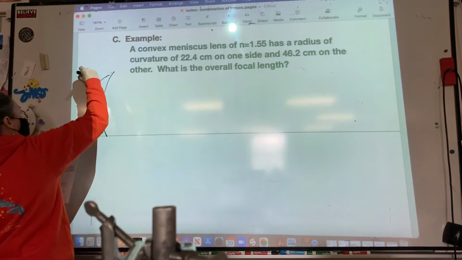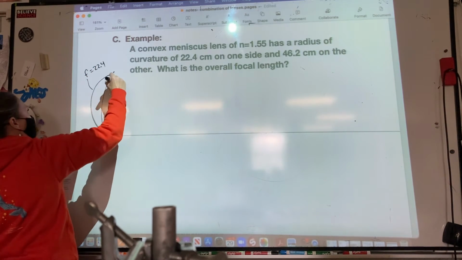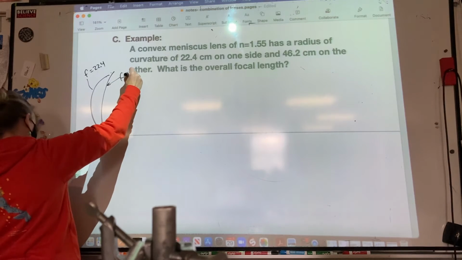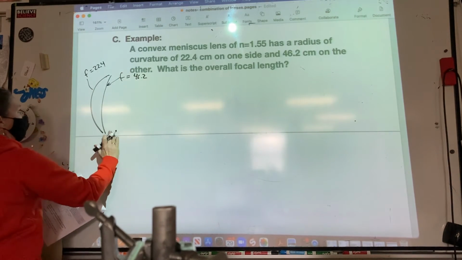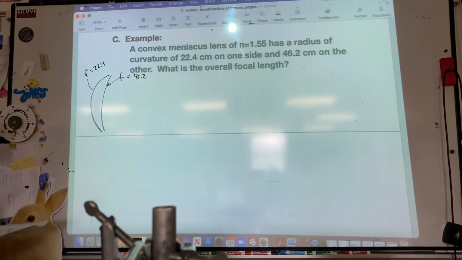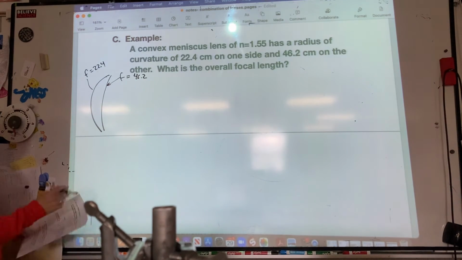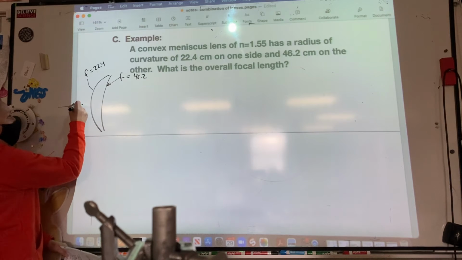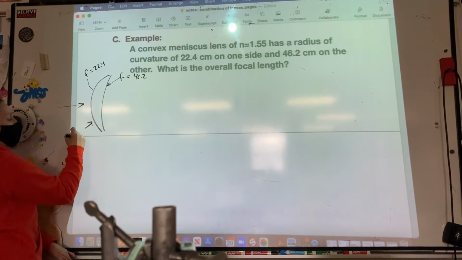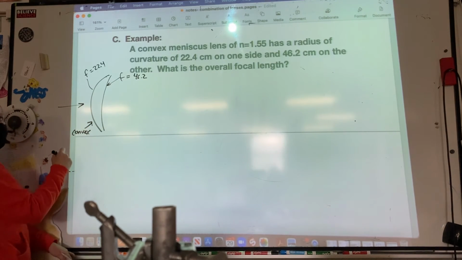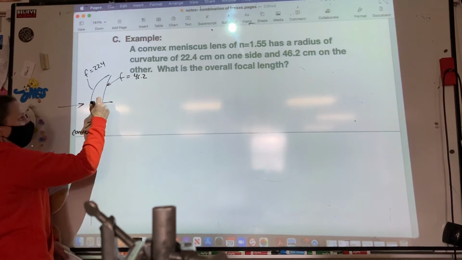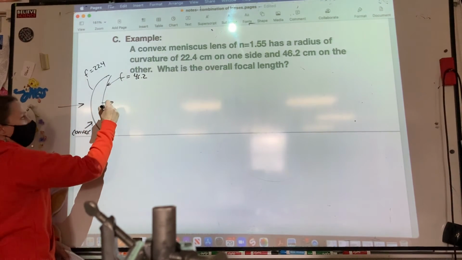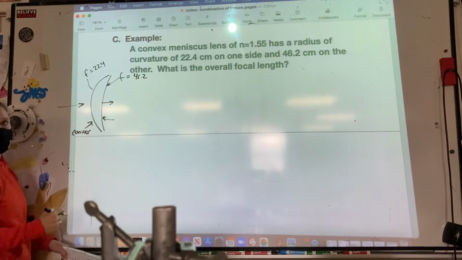This is my R of 22.4, and this is my R of 46.2. Okay? So you're going to have this kind of a lens. All right. So what if light's coming in like this? This surface is convex. When light leaves, does whatever through here and leaves, this surface is going to be concave.